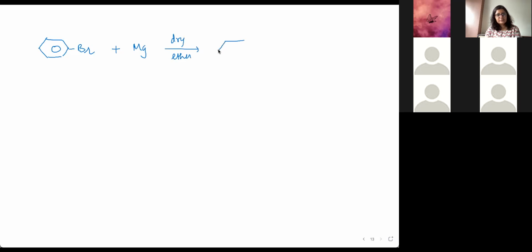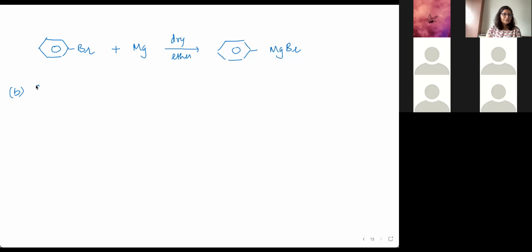You get this. Same application: if you want to prepare benzene, treat it with a proton. And if you want to add a benzene ring to another compound, prepare a carbocation and then treat it with this Grignard reagent, and you end up adding a benzene ring to that compound. Same mechanics, same specifics, all of that.